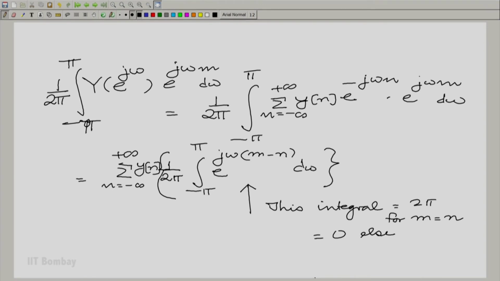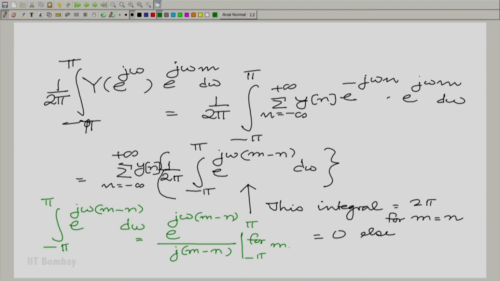Essentially, this integral is an inner product. That is how you can interpret it. You can of course evaluate it directly. In fact, let us do that. I will do that in green. Now, obviously, for m not equal to n, e raised to the power j pi into m minus n is the same as e raised to the power minus j pi into m minus n, because e raised to the power j pi is equal to e raised to the power minus j pi, which is equal to minus 1.